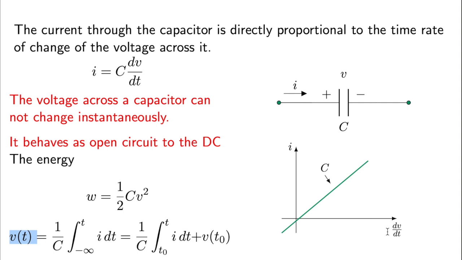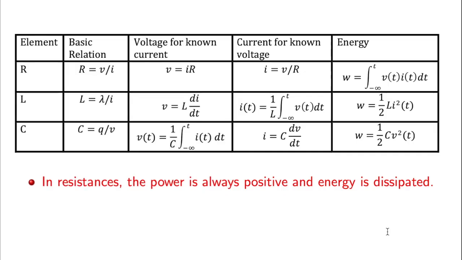Now we have discussed the passive elements: resistance, inductance, and capacitance. This is a summary of all the relations which have been used previously. The same relation for resistance, R is equal to V upon I, inductance is flux linkage upon current, capacitance C is equal to Q upon V. These equations can be used to find the voltage when the current value is known.